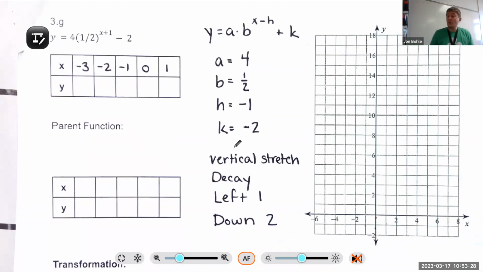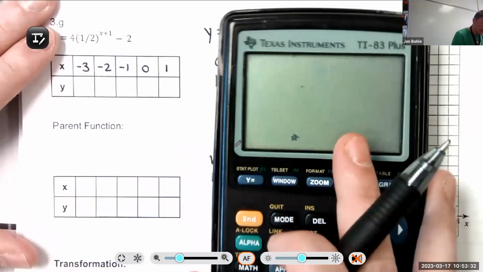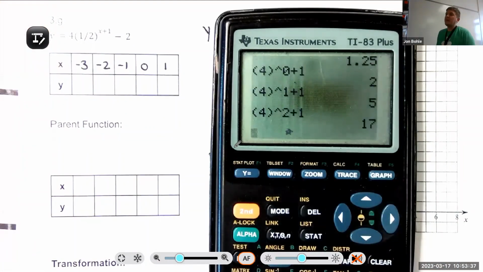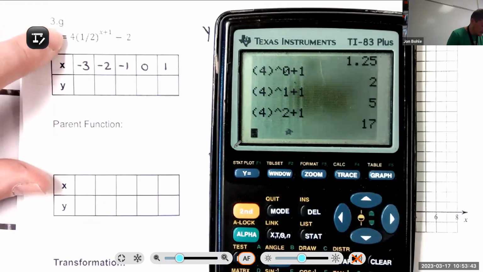All right. Now at this point, all we have to do is graph. You're going to take your calculator and we're going to do the same thing we've been doing a lot. It's probably getting a little old, but that could be worse. So I'm going to take 4 parentheses 1/2.